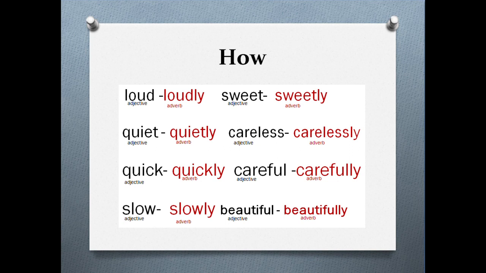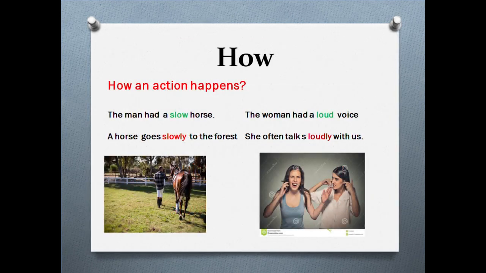Okay, go ahead. How? How an action happens? There are 4 kinds of sentences. Let's see it. The man had a slow horse. So slow is adjective.